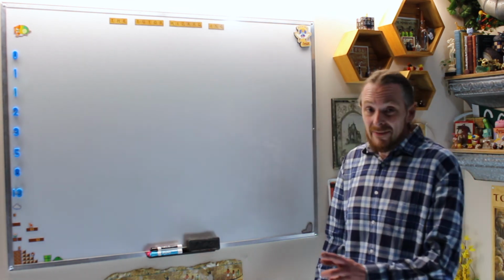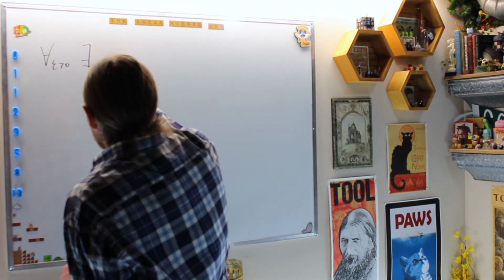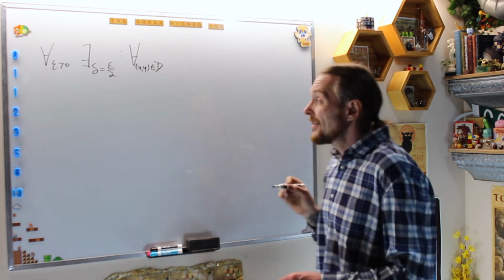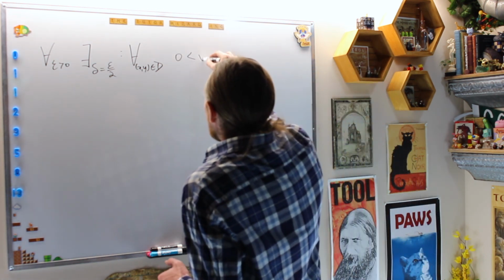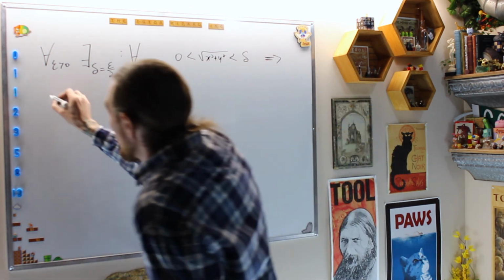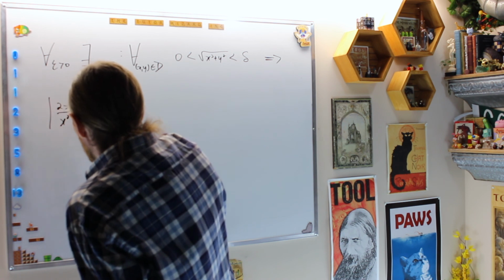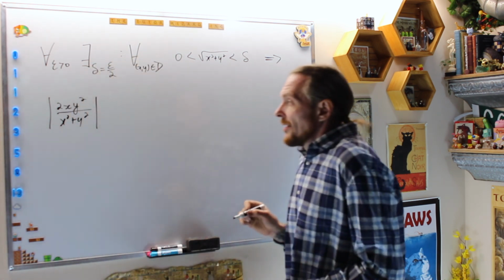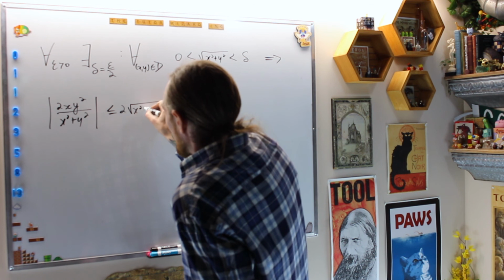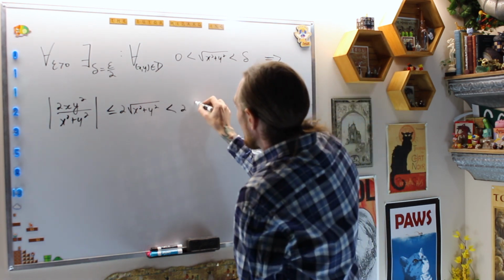This says, just using the definition, for every epsilon greater than 0, there exists a delta, which is epsilon over 2, such that for every x, y in the domain D, if 0 is less than the square root of x squared plus y squared is less than delta, then our function, 2xy squared over x squared plus y squared minus 0, is less than or equal to 2 times the square root of x squared plus y squared, which is strictly less than 2 times delta.